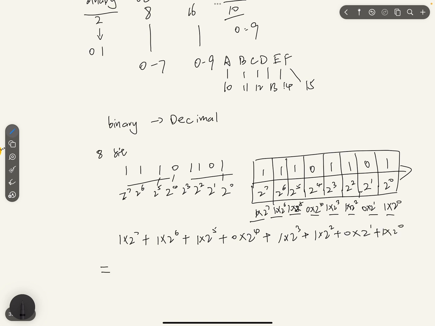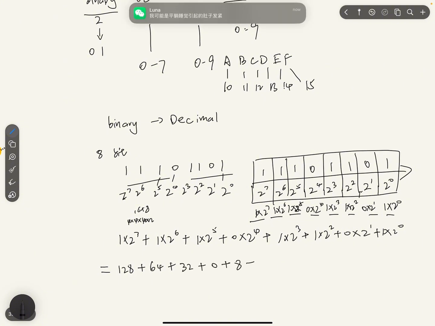Now we just need the calculator to get each number. 2 to the 7 is 16 times 8. That'll be 128 plus 64 plus 32 plus 0 plus 8 plus 4 plus 0 plus 1.